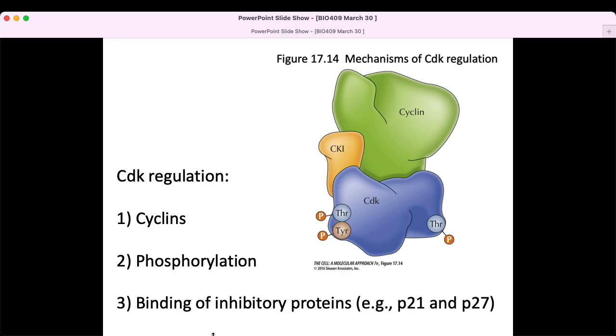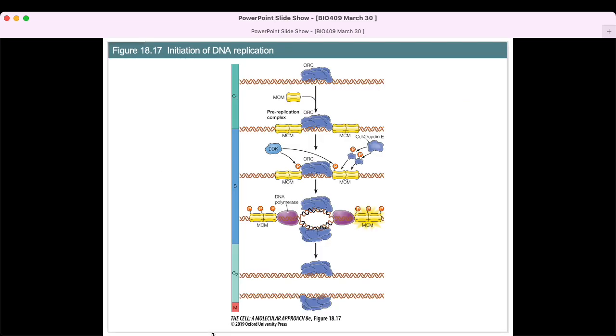So now we're going to talk about a couple of things. Here's the first one. The book shows this. You don't have to see this in detail, but it's showing some DNA in a cell, and we're at start, so that G1 to S transition, and S is DNA replication.